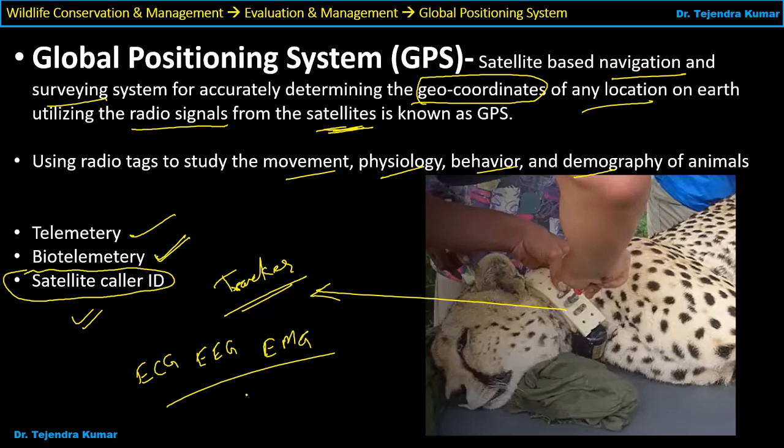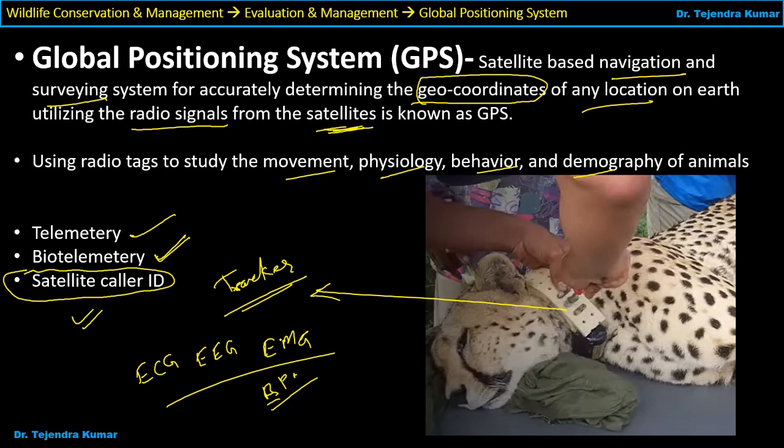That means electrocardiogram, electroencephalogram, electromyogram, and blood pressure. So there are many physical activities which are monitored by this one. We can analyze all the data in our office, while the animal is freely moving.